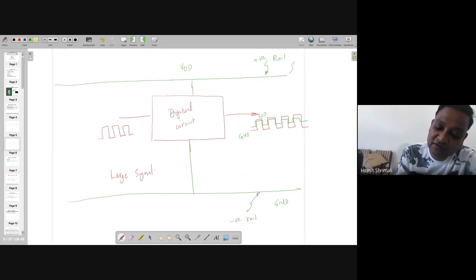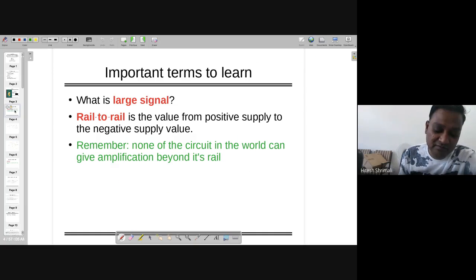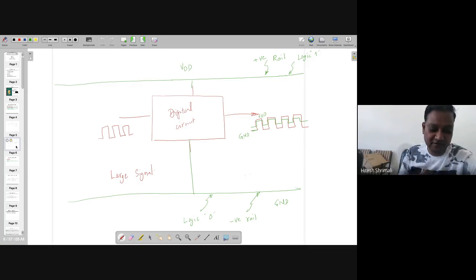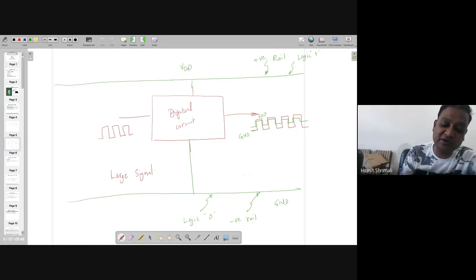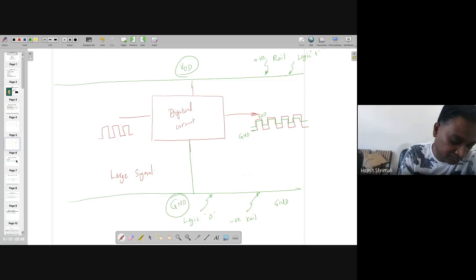It's also logic 1 and logic 0. I want logic 0 to be as close to ground as possible, and the same for logic 1, which has to be as close to VDD, the positive rail. So the output has to be rail to rail, going from this rail to this rail. By the way, the third point is not valid for our purpose, but you cannot go beyond VDD and ground. That is already a known fact to us.